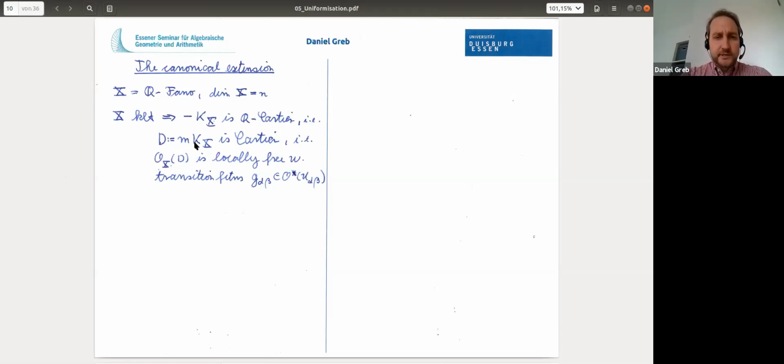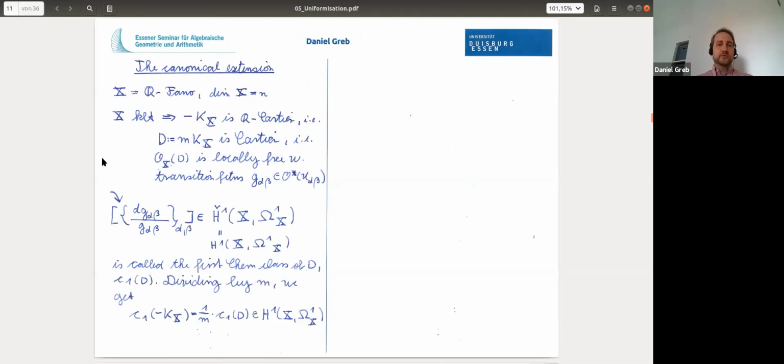So Ox of D is locally free with some transition functions, g alpha beta. And let me be as explicit as possible. Then I can produce a first Chern class in this space by taking the transition functions and taking d log of them. So d g alpha beta over g alpha beta.